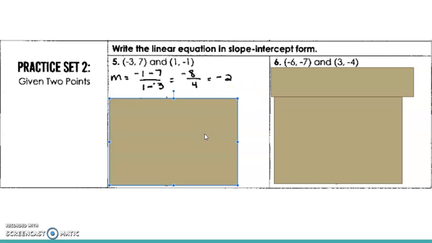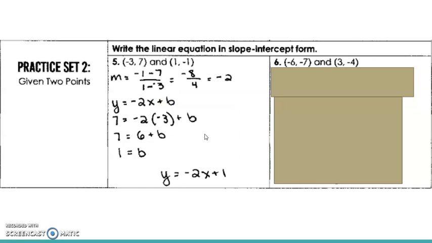And then I do everything the exact same way. So I'm using y equals mx plus b. I'm replacing my m with -2. When it comes to replacing our x and our y, you can pick either point. I chose the first one, but you could easily do the second. No matter what, you should get the same y-intercept and the same final equation for your line.